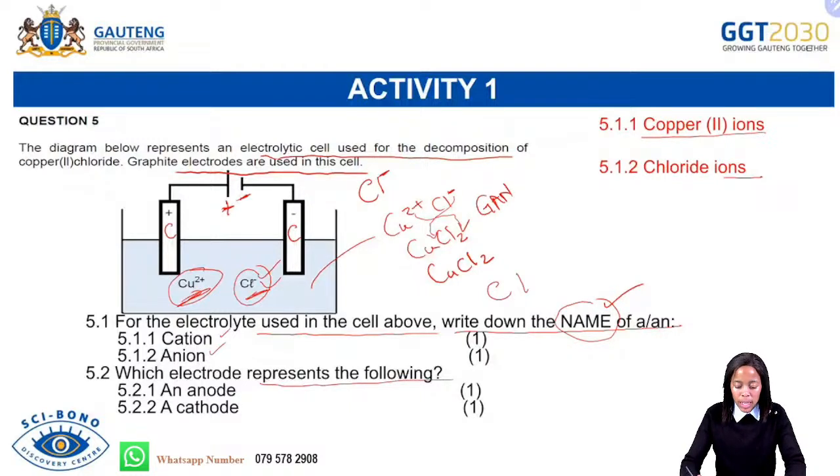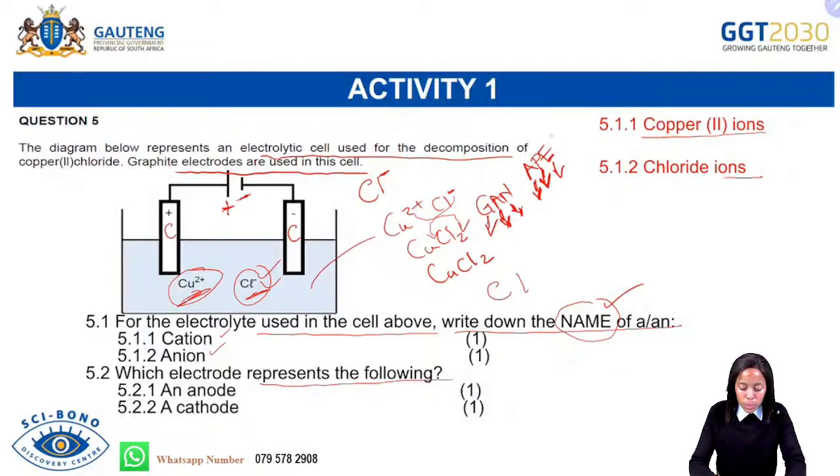So again, maybe just to remember, we can also use this. Remember we said for the galvanic cell, we said GAN, and then for the electrolytic cell, we are going to use APE. So GAN, we said the galvanic cell, it means that the anode is negative. And then for the electrolytic cell, we are going to use APE, whereby the anode is positive when it comes to the electrolytic cell.